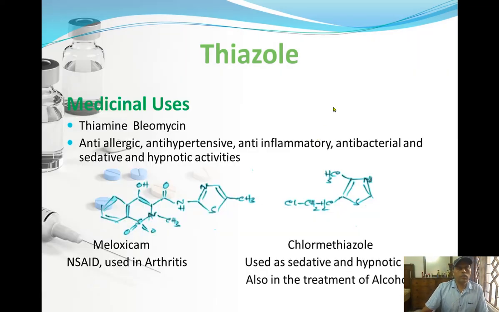And next is the medicinal uses. As I have already told, it is also available as a derivative in natural products. One is thiamine. Thiamine is vitamin B1. With deficiency of thiamine, one will get the disease called beriberi, right?